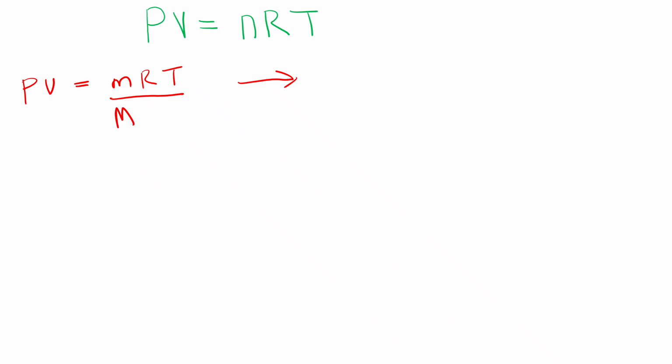Next, we can swap these two sides of the equation around to allow us to have the lowercase m for the mass of the sample on the left-hand side of the equation, because that's typically where the subject is. So, lowercase m times R times T over capital M is equal to P times V. Next, we want to cancel out R and T. Because we multiply by R and T on the left-hand side of the equation, to cancel out we must divide by R and T. That allows us to cancel it out on the left-hand side of the equation, like so.